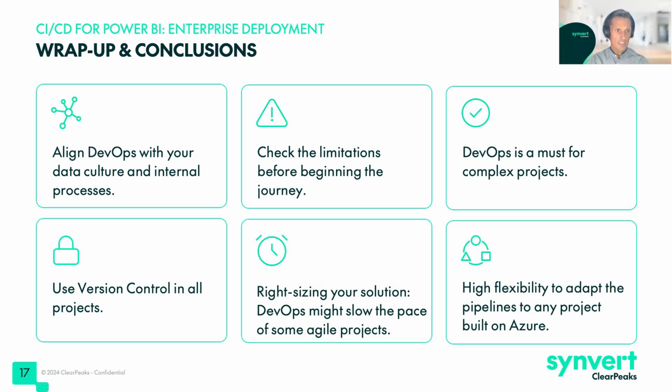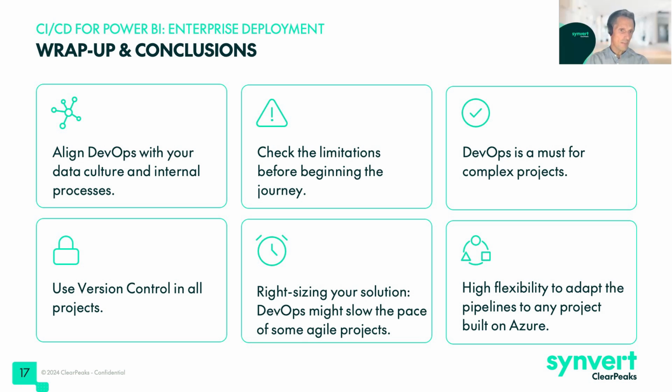DevOps should be a must for complex or enterprise projects. Perhaps it can be a killer of agile processes because you have to set up plenty of things. You have to coordinate teams to use these kinds of processes. But it's a must for complex projects. We recommend using version control in all projects. It doesn't matter how big or small your process is. Please use version control. Right size your solution, because this is what I have explained in point number 3.